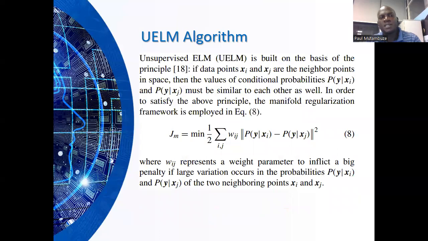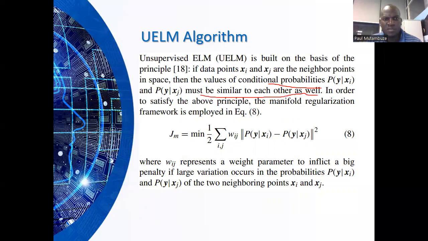Now, the unsupervised ELM is built on the principle that if the data points xi and xj are neighbors in the space, then the conditional probability of y given xi and y given xj must be similar to each other as well.